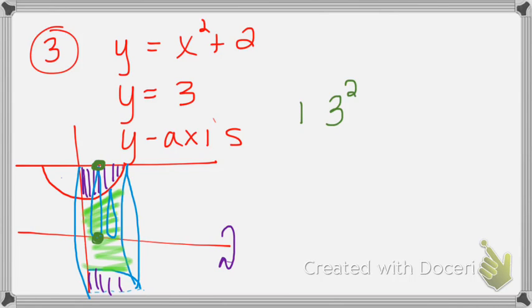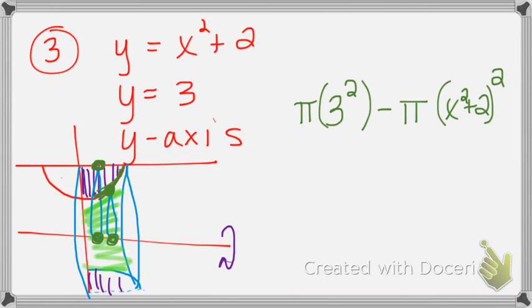So that would be pi times 3 squared. Then we're going to subtract something else. And that's what this other little part is. Take what you're rotating and what you're rotating around. This first one here is on x squared plus 2, so this is x squared plus 2 squared.